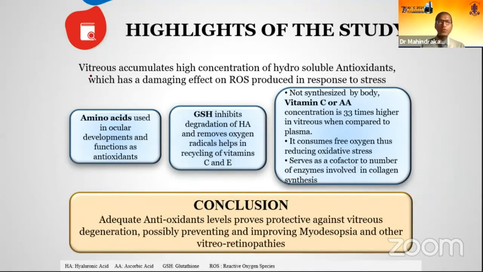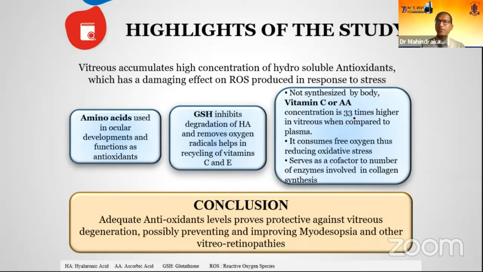So what was the highlight? Vitreous accumulates high concentrations of hydrosoluble antioxidants, which counter the damaging effect of ROS produced in response to stress. Amino acids are used in ocular development and function as antioxidants. GSH inhibits degradation of hyaluronic acid, removes oxygen radicals, and helps in recycling of vitamin C and E. These are not synthesized in the body.